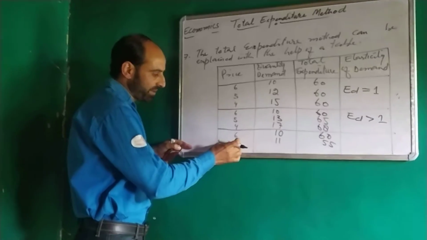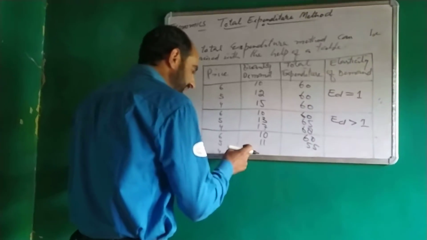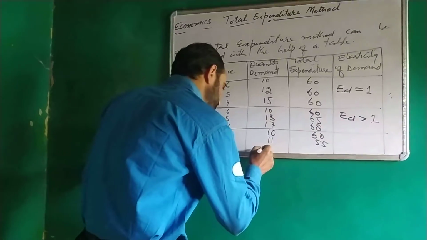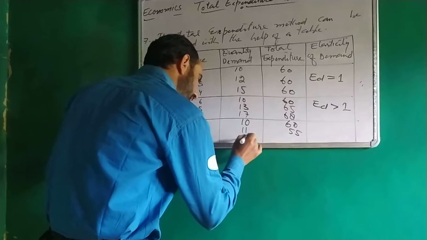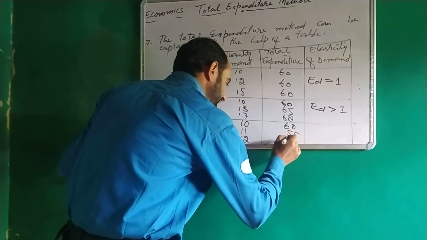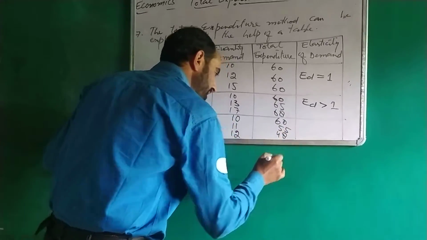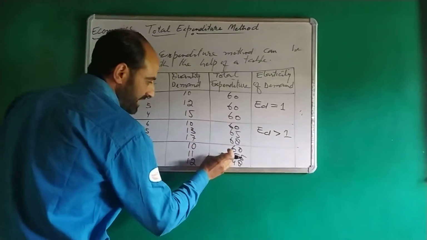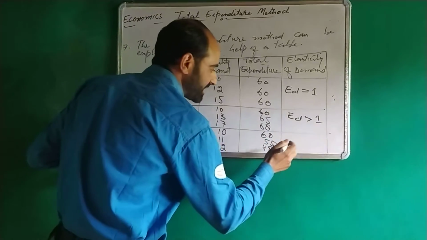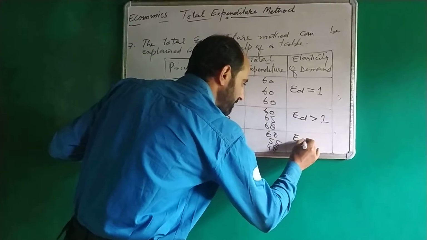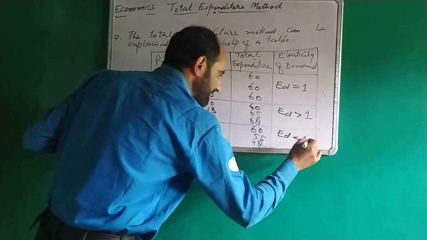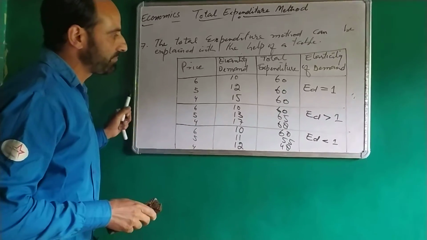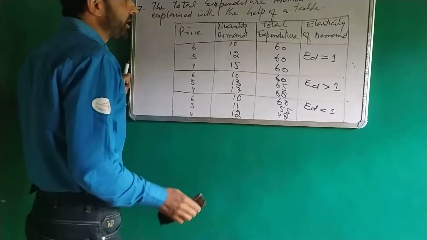When there is further fall in price from 5 to 4, let us say that quantity increases from 11 to 12. 12 4s are 48. Here, due to a change in price, quantity demanded changed in such a way that total expenditure decreased. Here, elasticity of demand is less than 1, or less than unity. These are the three conditions of this total expenditure method of measuring elasticity of demand.